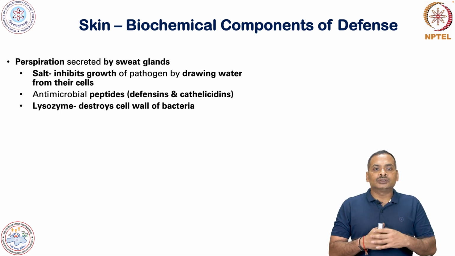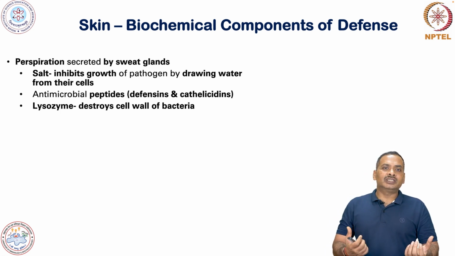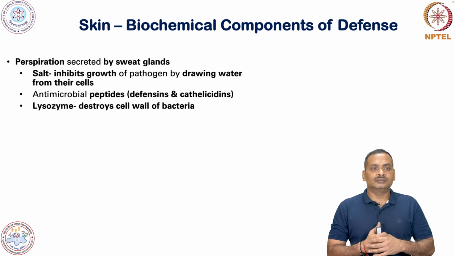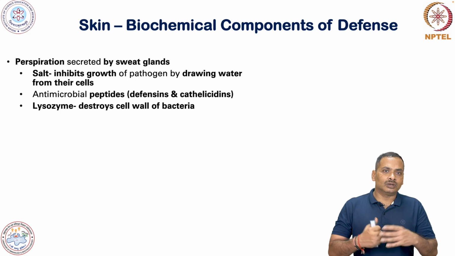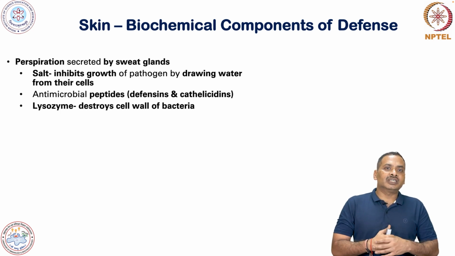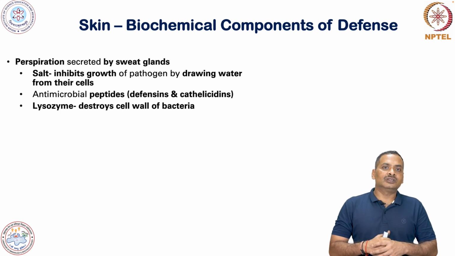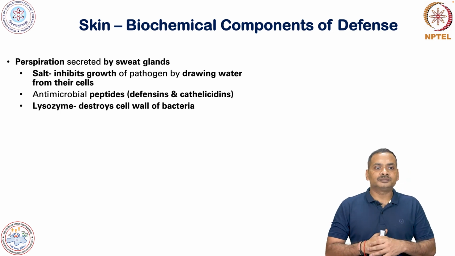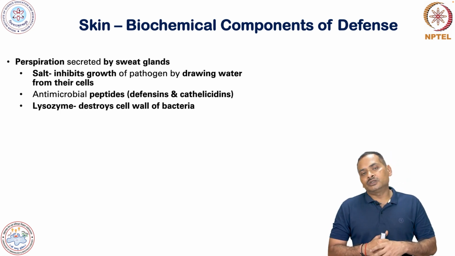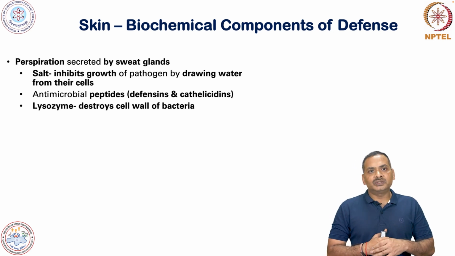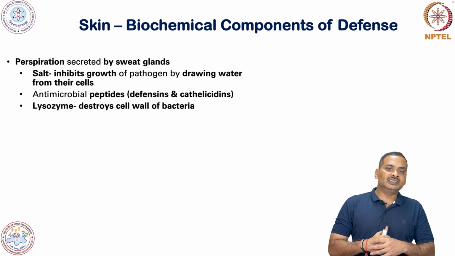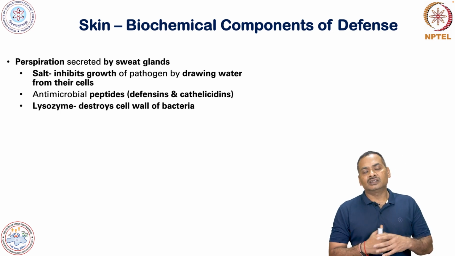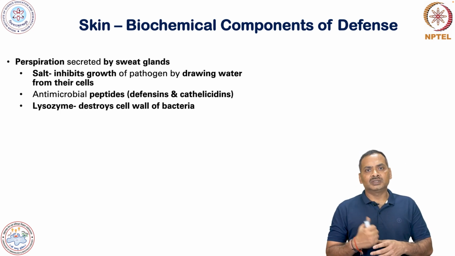If there is more salt, then this will draw the water from microbial cells, and in that way this will also initiate some kind of killing of microbes. There is some antimicrobial peptide, as I told you in the previous slide. There is defensin, cathelicidin. I will tell the mechanism in a later session.